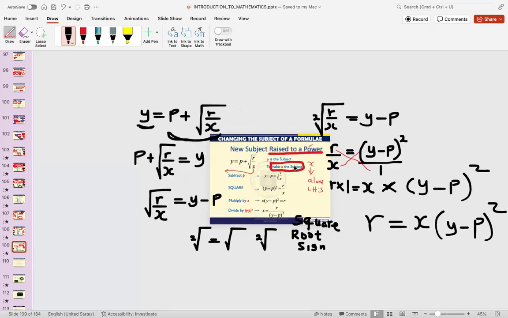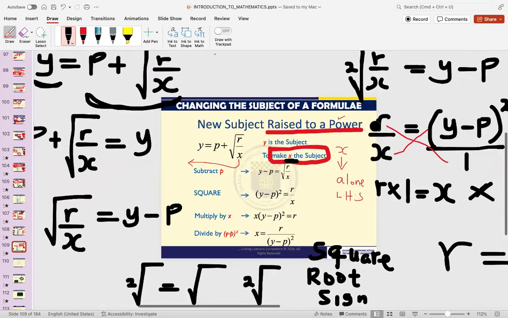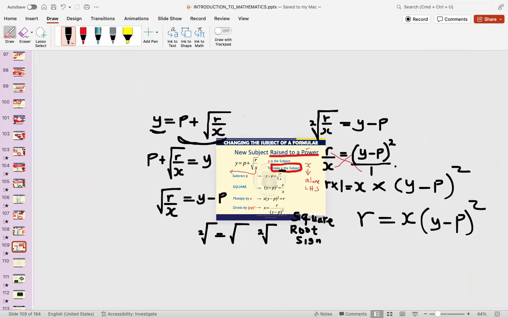Now let's go back to the question. The question says make x the subject. Make x the subject, not r. So let's see how we can make x the subject now. We have r equals x, y minus p all squared.